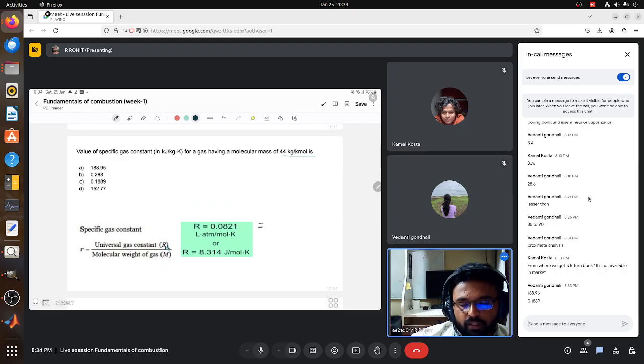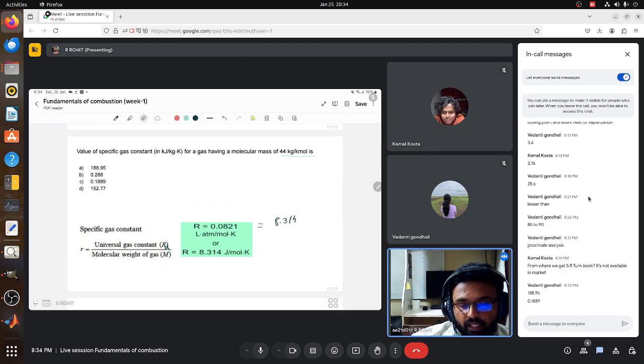Here, the universal gas constant RU is nothing but 8.314 kilojoule per kilomole Kelvin. If you are writing it in joules, then it will be written differently.